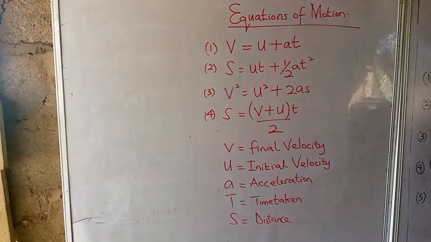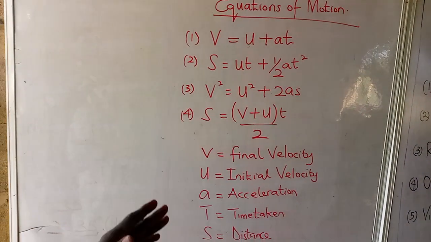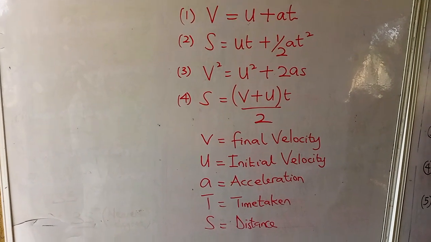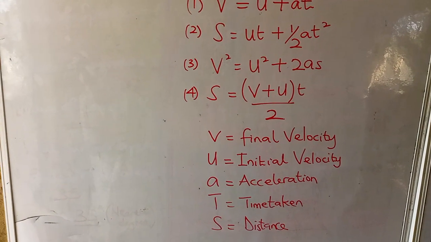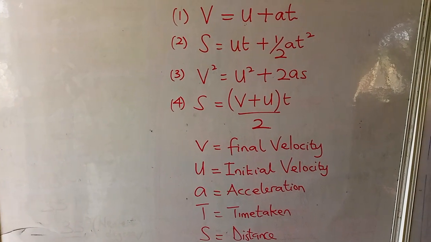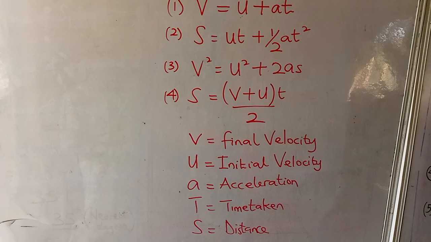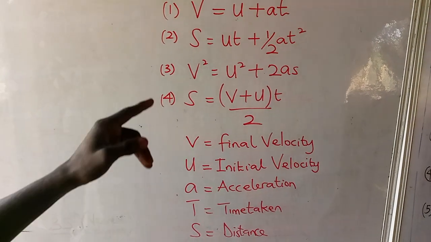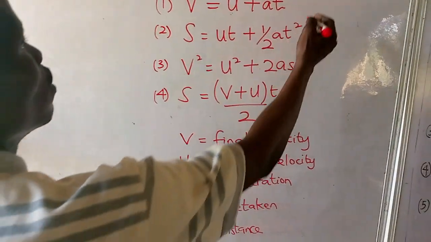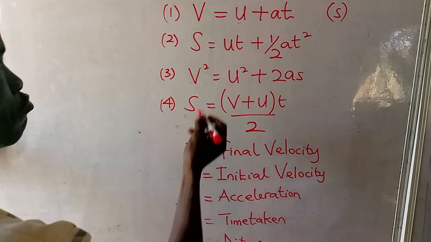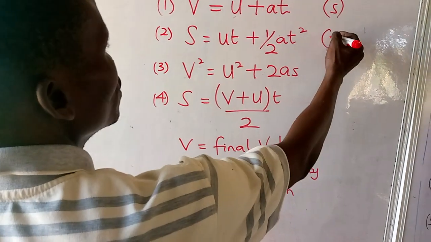In applying all these equations of motion, if you have a question, you look at the question, check the parameters given, then you look for the most suitable equation of motion to solve the question. Look at the first one: S is absent here. In the next, V is absent.